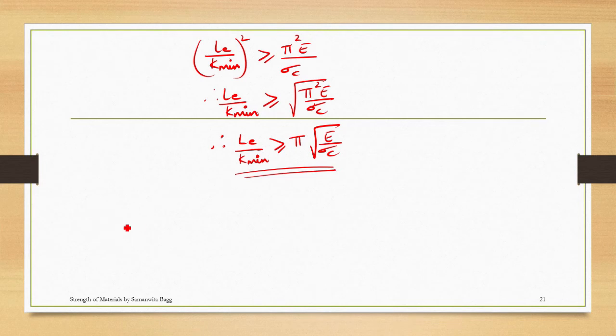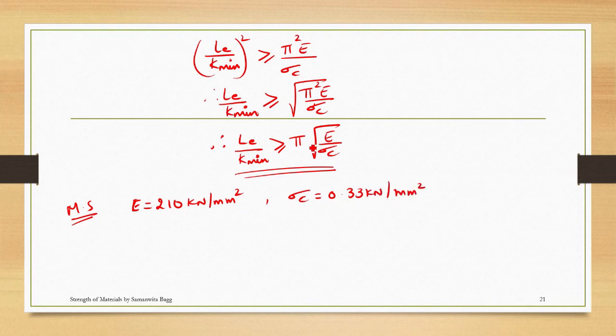Now let's take up some examples. If I talk about mild steel, for this the value of E is say 210 kilonewton per mm square and the sigma C value is 0.33 kilonewton per mm square.